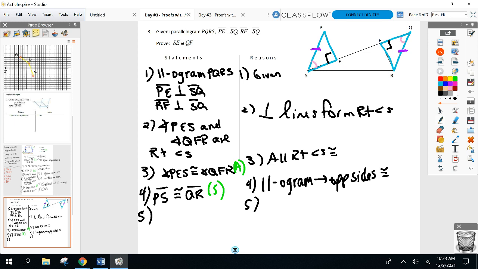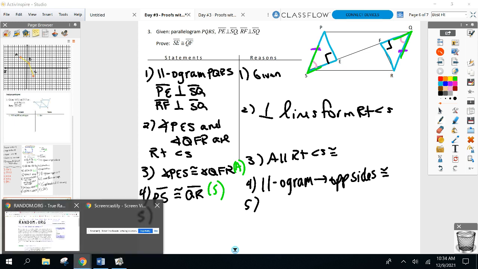You need to say SR and QQ are parallel. I need to have parallel lines, not those though. I need parallel lines for alternate interior angles to be congruent. Now the question is, what two have to be parallel? My answer, trace the darn things out. Watch. Everyone see which two lines need to be parallel?